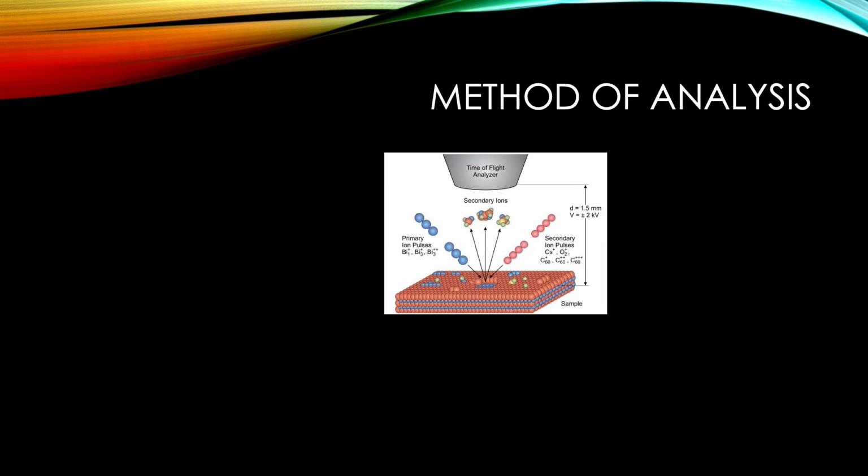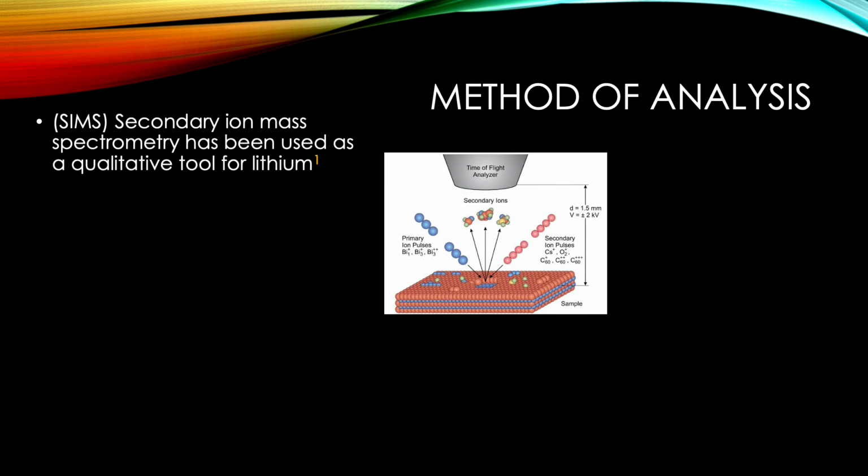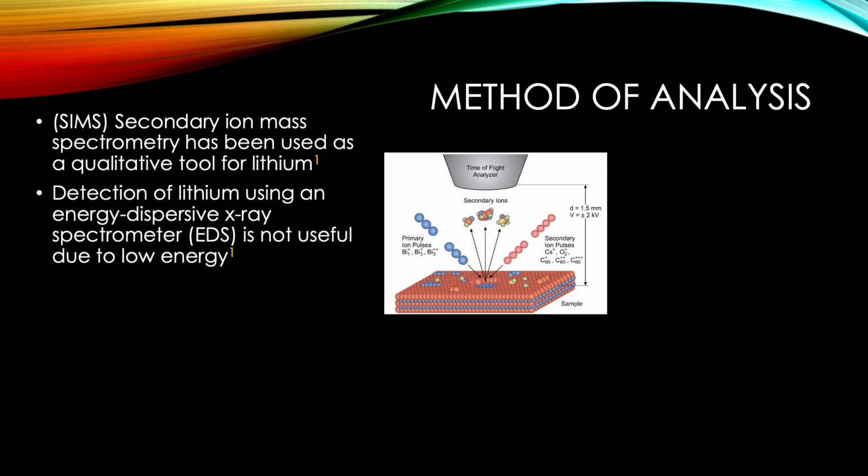What's the best way to analyze lithium? Secondary ion mass spectrometry has been used as a qualitative tool for lithium to determine lithium hotspots in electrodes. Detection of lithium using energy dispersive X-ray spectrometry is not useful due to the low energy; it can't penetrate the window, and even with the windowless ones, lithium does not give off enough energy to detect.